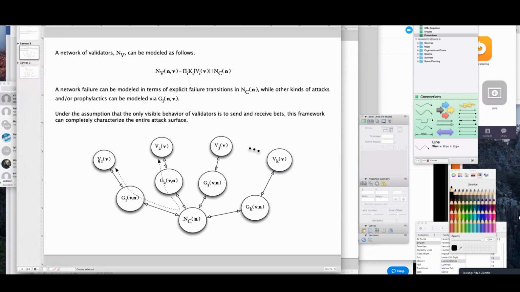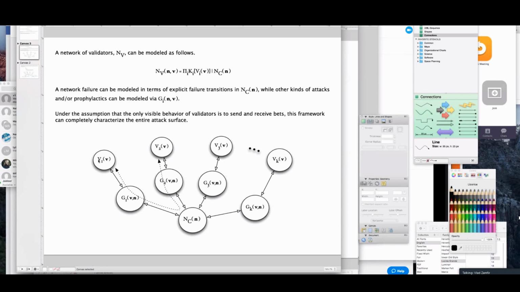So the gates will model failure to send, so crash failure, and also omission. So after you receive something, not pretending you didn't.